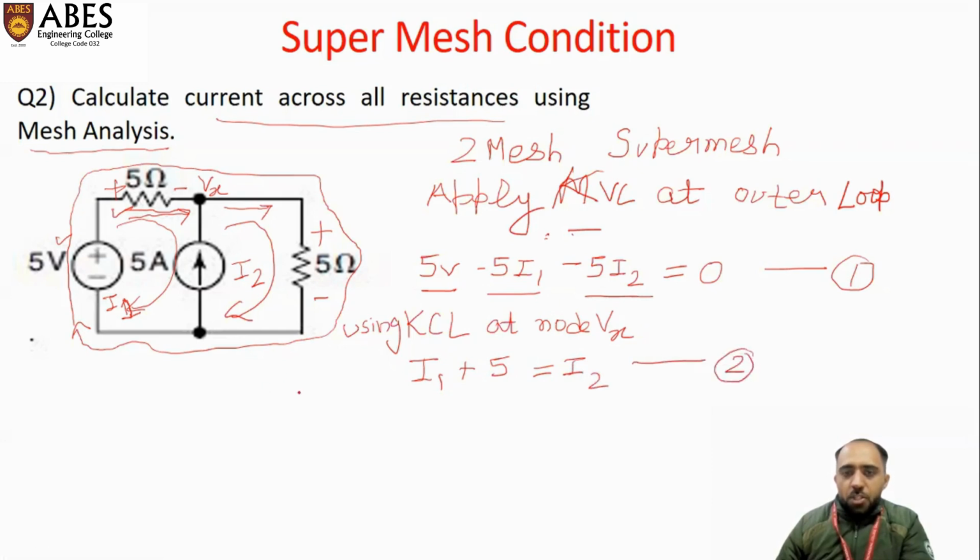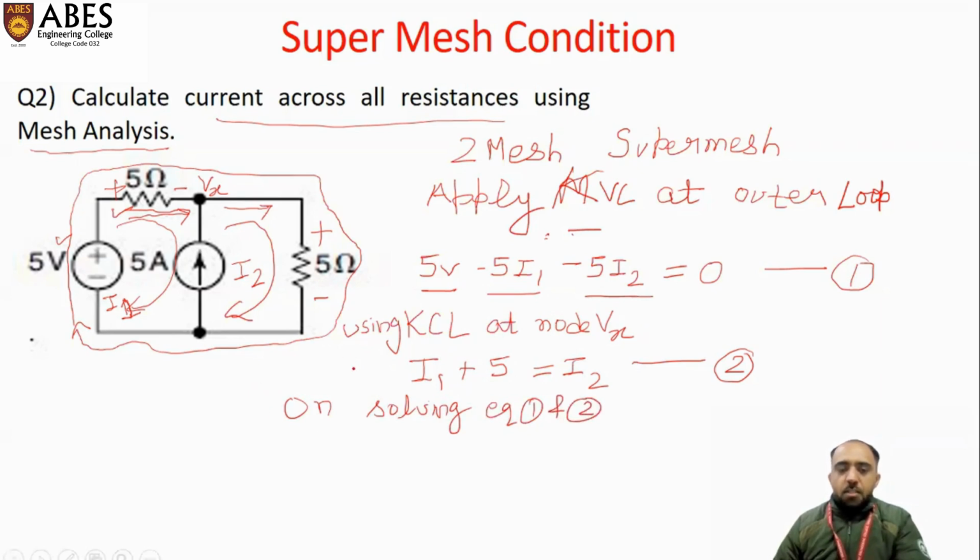Now on solving equations 1 and 2, we can get the values of the currents. I1 is equal to minus 2 ampere and the other mesh current I2 is equal to 3 ampere.